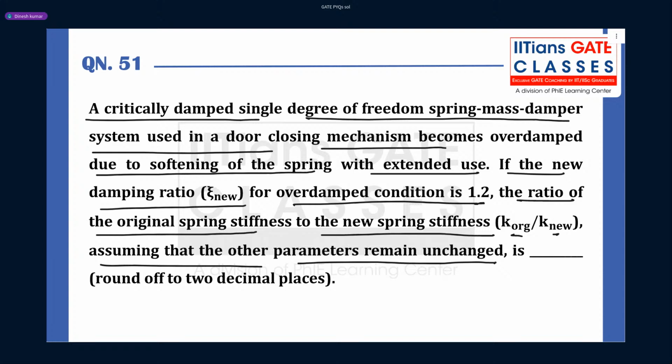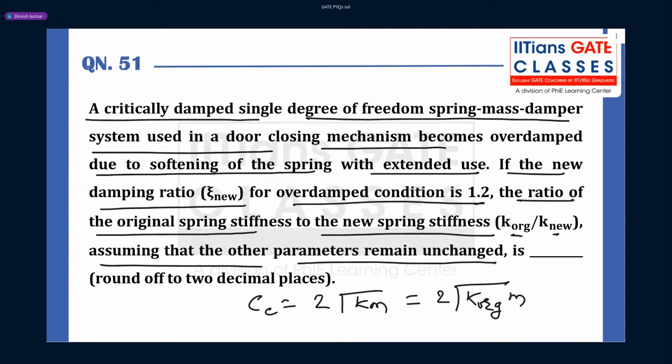So for a critically damped system, your Cc we know is always 2 under root km, right? And K is what, guys? K is K original, right? And m is the mass.